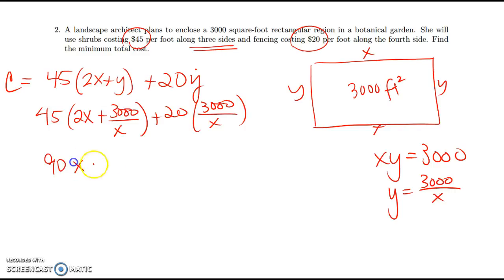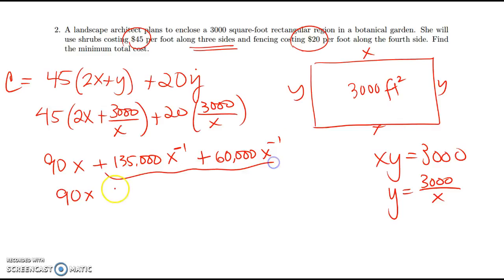So that's 90x plus 45 times 3,000 is 135,000. And I'm going to rewrite this as x to the minus 1, plus 20 times 3,000, which is 60,000 x to the minus 1.